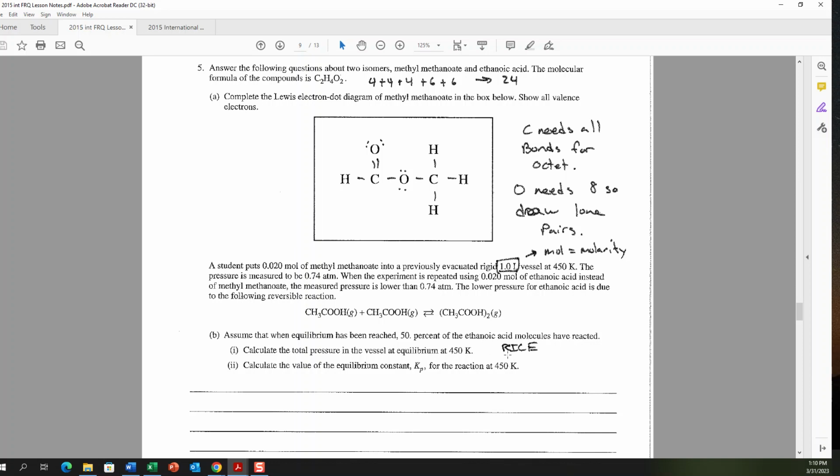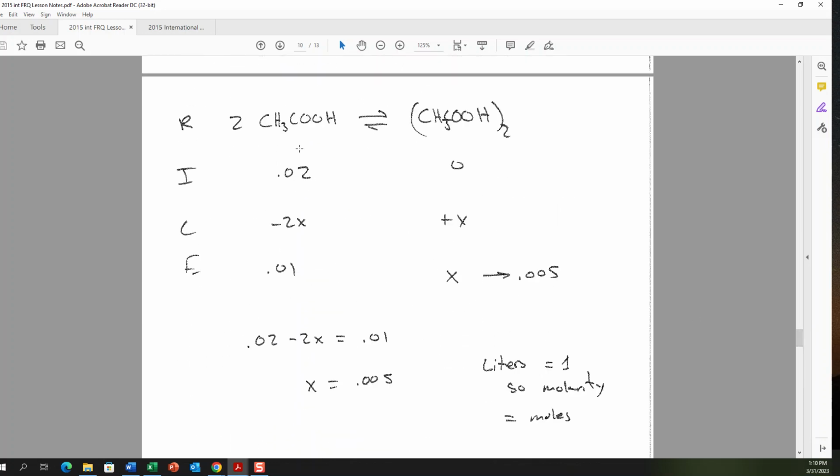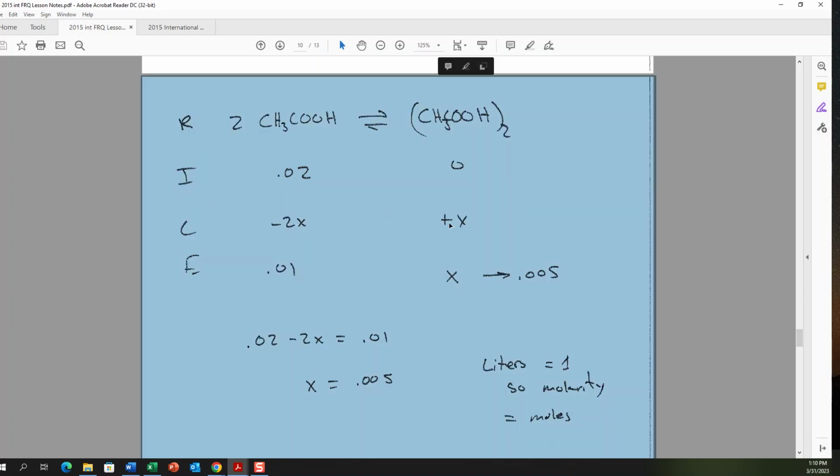I'm thinking make a RICE chart for these 2 questions because it's equilibrium and it'll help us organize our information. All right. So we started with 0.02 moles per liter. Remember, putting in a RICE chart, you want to make this molarity, but because our volume was 1 liter, the moles that we started with are equal to molarity. So initial, before any of the ethanoic acid reacts, 0.02 molar and 0 molar, it'll be minus 2x plus x.